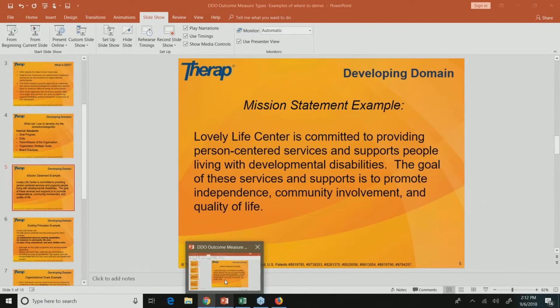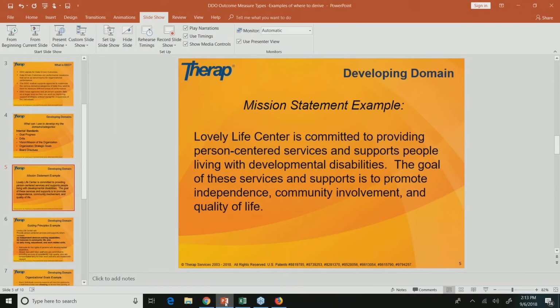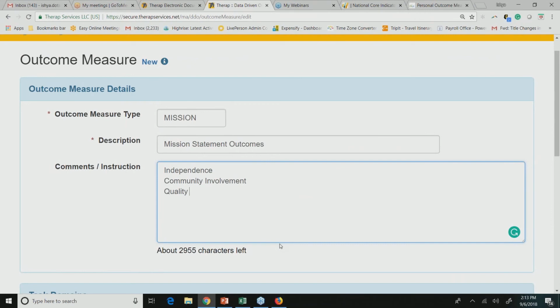So the categories that I'm choosing that I want to track are independence, community involvement, okay, and quality of life. So in my mind, I may be very sure on what that means, but I may want to leave some notes behind with a really good definition that gives people an idea of what sort of data should be collected that represents independence.